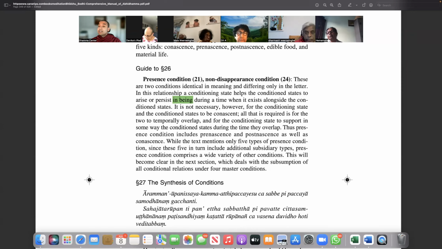In presence, it is the fact of the Thiti moment, right? And the non-disappearance, or rather, Uppada. From the Uppada moment before the ceasing of the Thiti moment is the presence condition, if we would look at it in that manner. Before the ceasing of the Bhanga moment would be the non-disappearance.